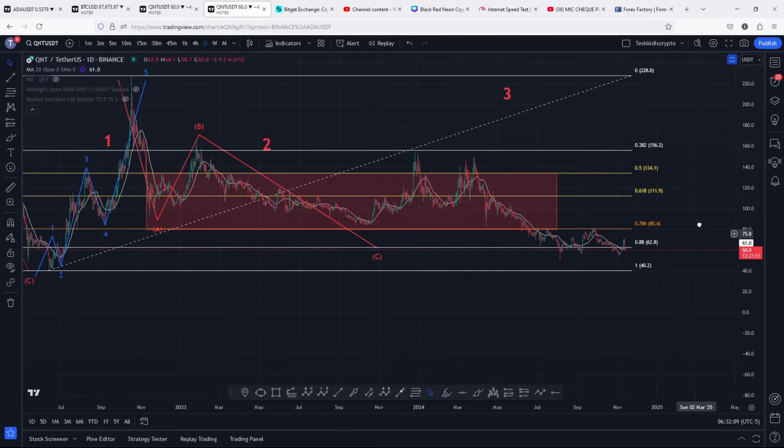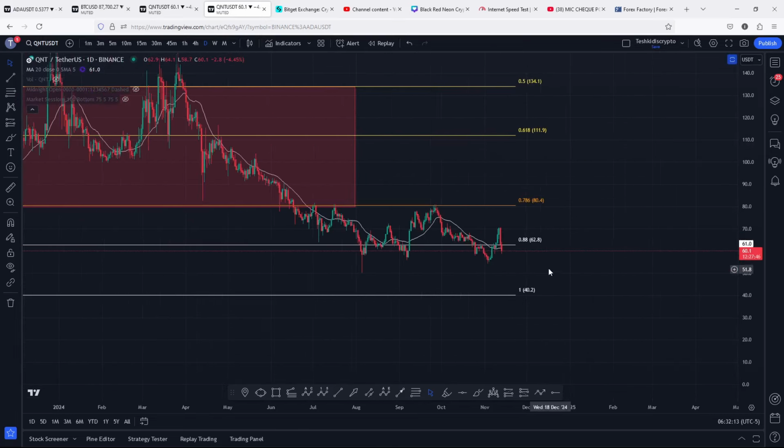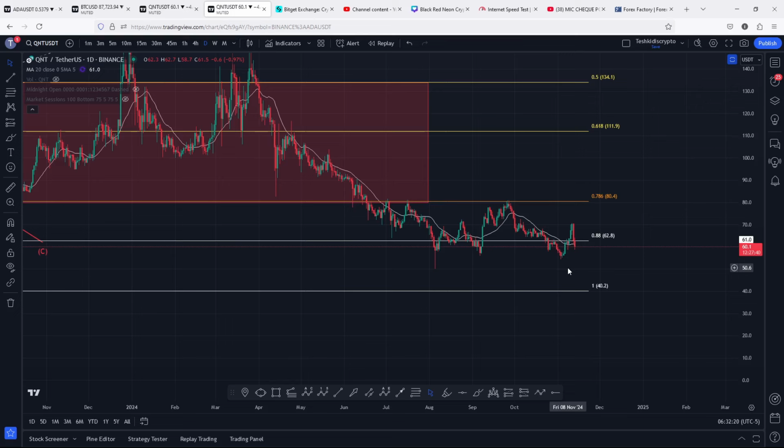And you can all see that at the time of this recording, we have now flipped that key area of support back into resistance, and this is now increasing the likelihood that in the next coming days we can easily see a sudden pullback to the lower side in a move that will easily give us a reset of the bear market lows at $40.2, and maybe from that point we can make new bear market lows.